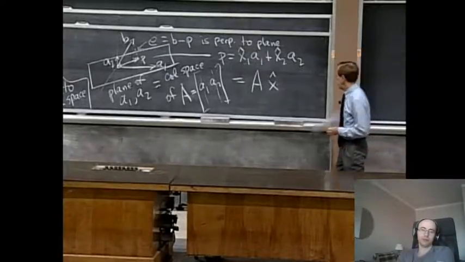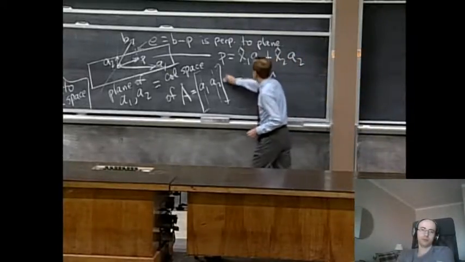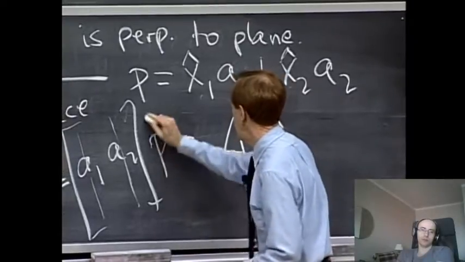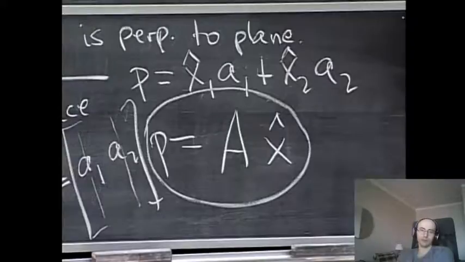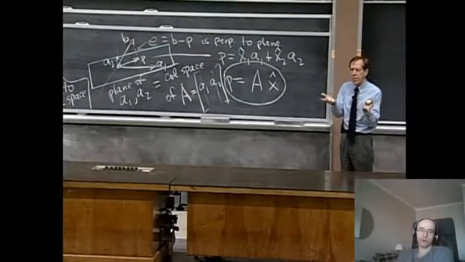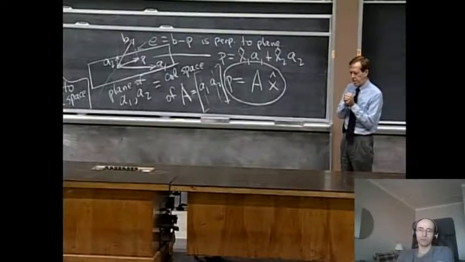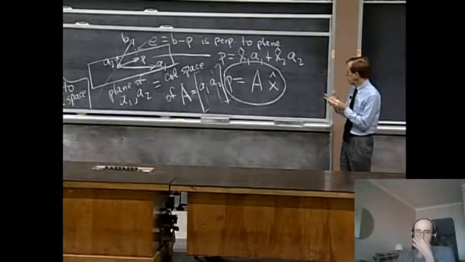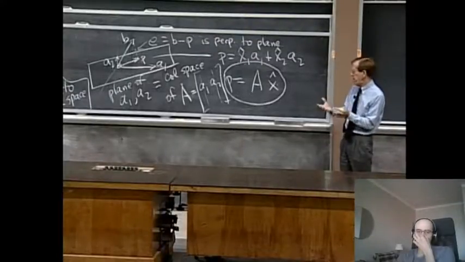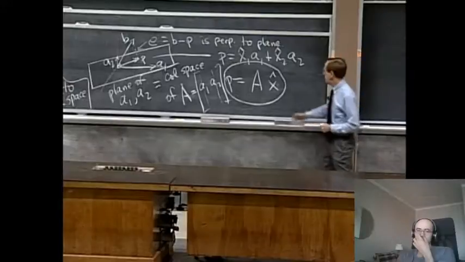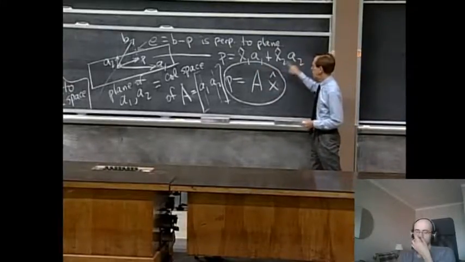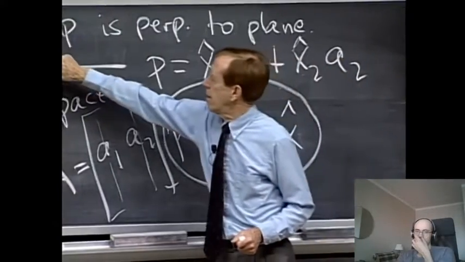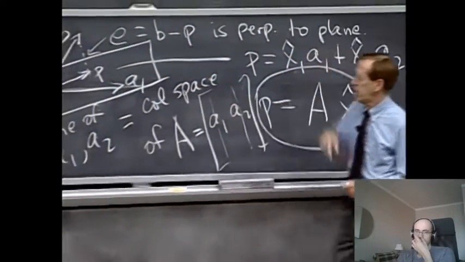So this is the projection, P. P is A x bar, and I'm looking for x bar. So that's what I want in the equation. So now I've got hold of the problem. The problem is find the right combination of the columns so that the error vector is perpendicular to the plane.